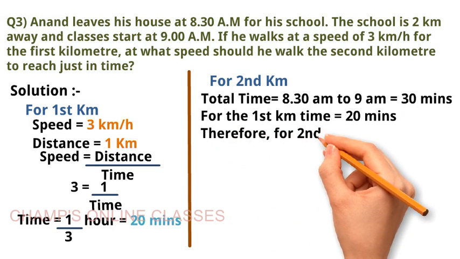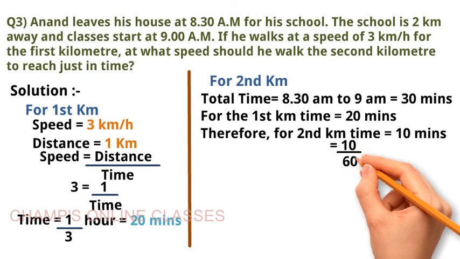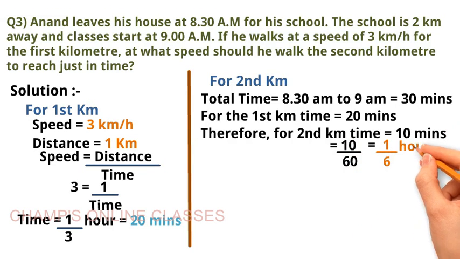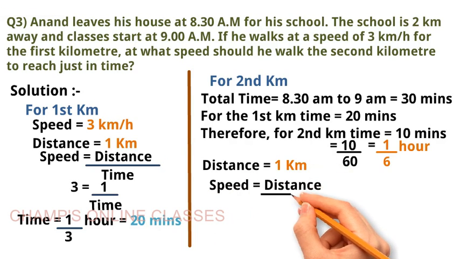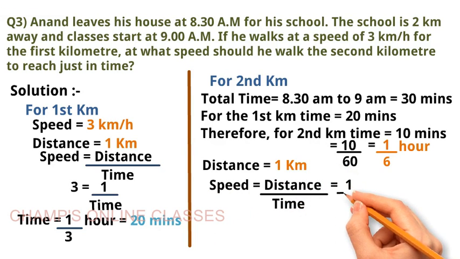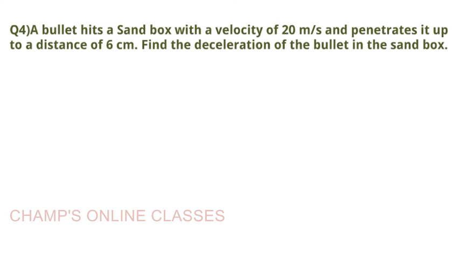Therefore, for second kilometer, time is 10 minutes, which is 1 by 6 hour. Distance is 1 kilometer. Now to calculate speed using the formula distance upon time, we get speed as 6 km per hour. Therefore, he should walk the second kilometer with a speed of 6 km per hour to reach school just in time.